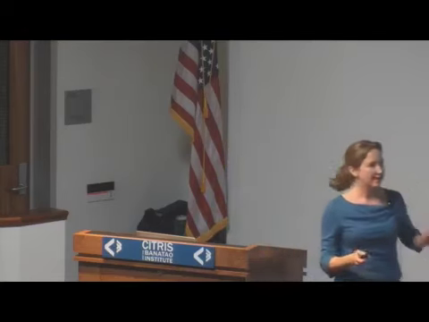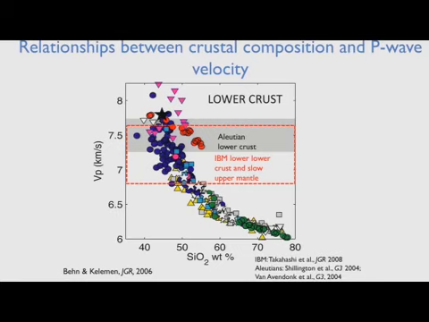And I believe, as Doug and Jeff talked to you about before, in these kinds of settings, we want to use crustal P-wave velocities to understand something about composition. And so broadly, variations in P-wave velocity correlate, for example, to changes in silica content of a rock. So the more silica you have, the lower your seismic velocity.